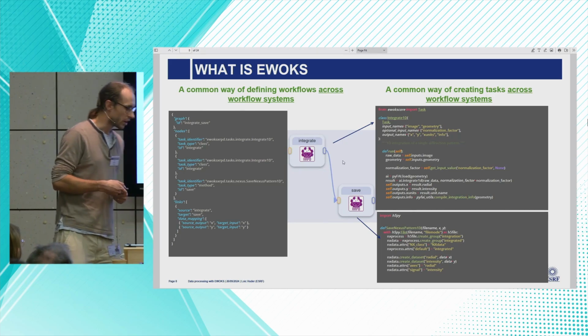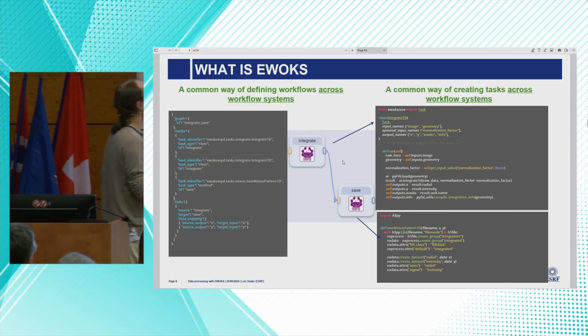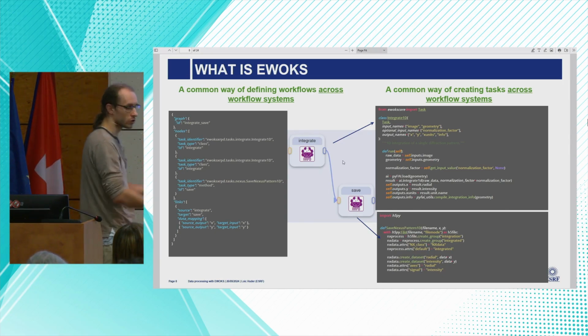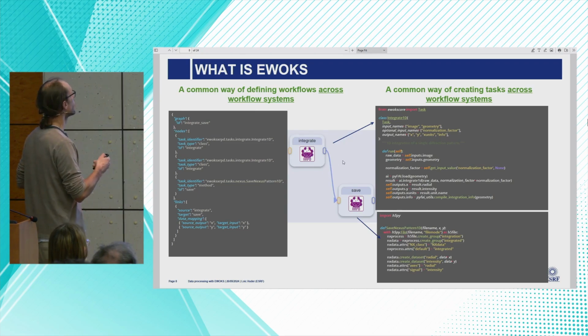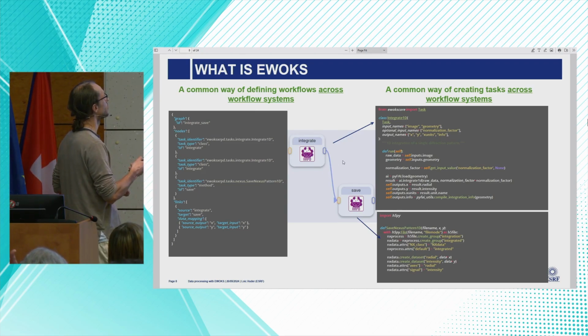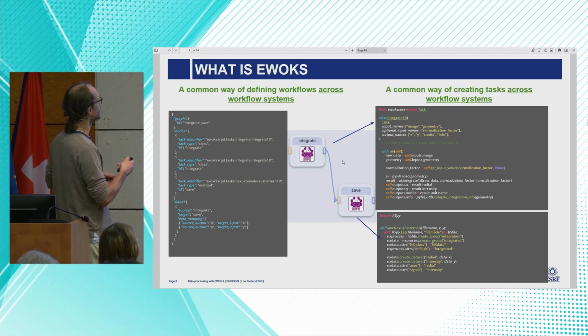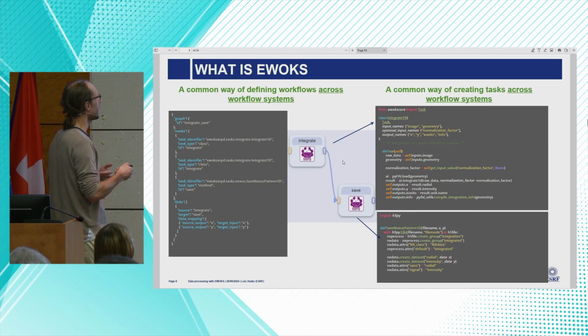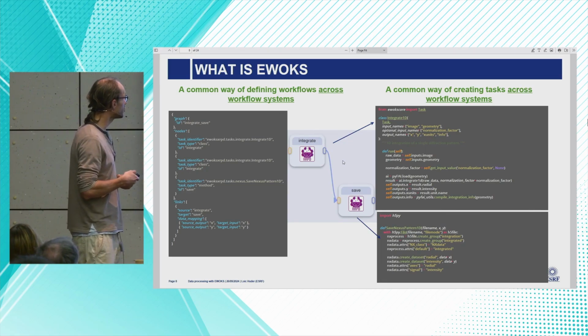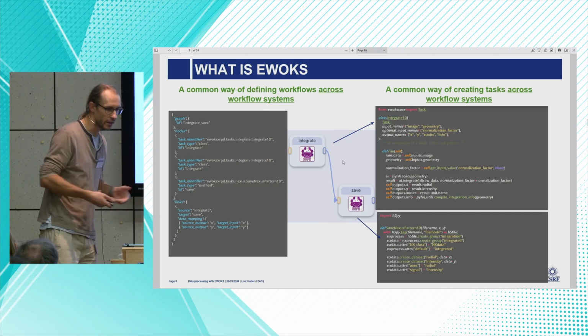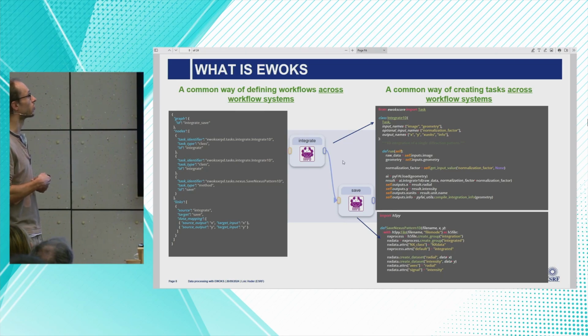What eWorks provides you is a common way of defining such a workflow across workflow systems. The workflow that I'm writing here as a JSON, where I have this node that is one task, I have this node which is another task. Oh, actually, I have two of them, but just skip this one. We have this one, and then I have a link between these tasks. This JSON representation can be reused for any workflow system that eWorks supports.